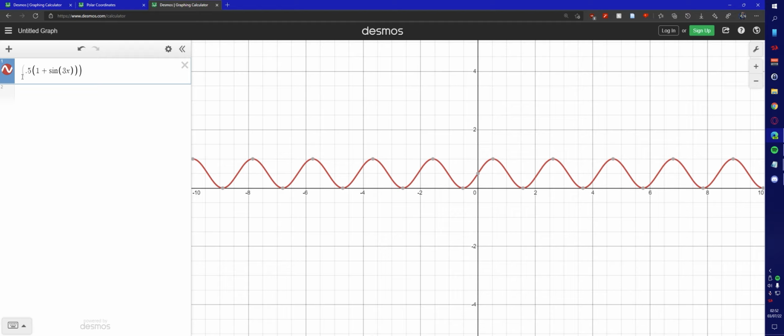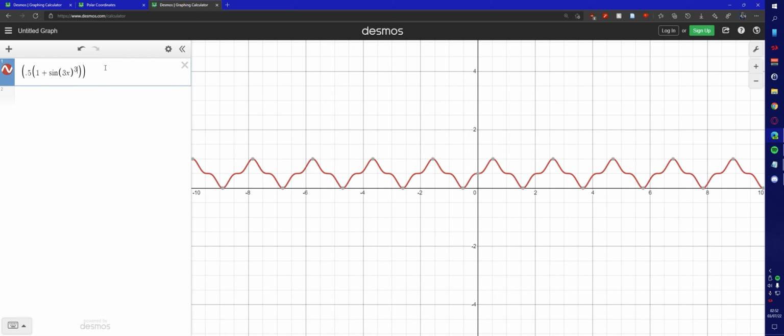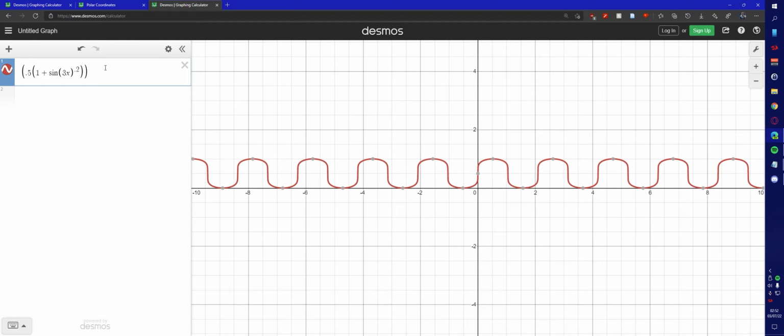Once again, we can do a little power trick, but we want to do that here. Ooh, that's interesting. But not what I'm looking for. This is what I'm looking for.